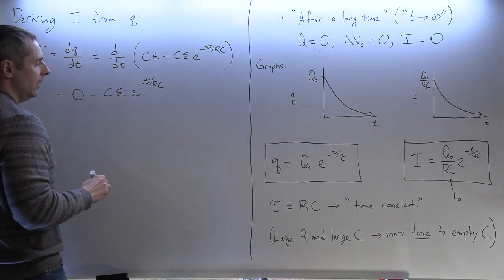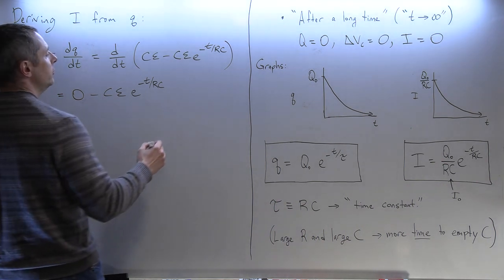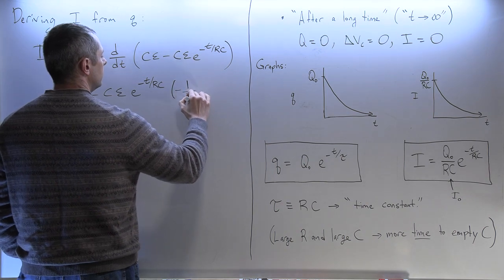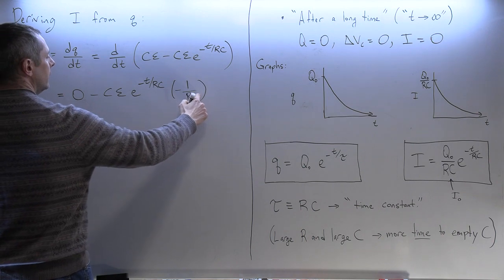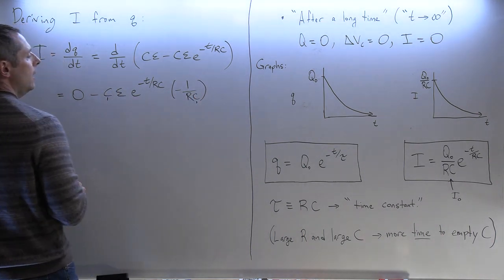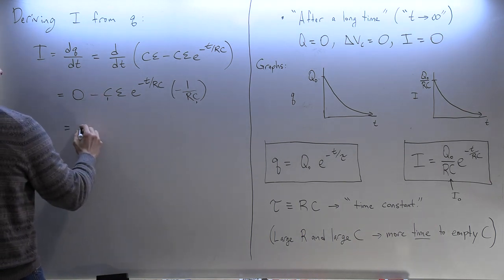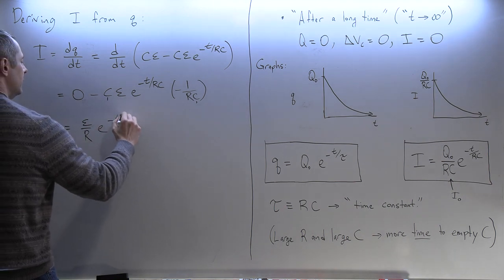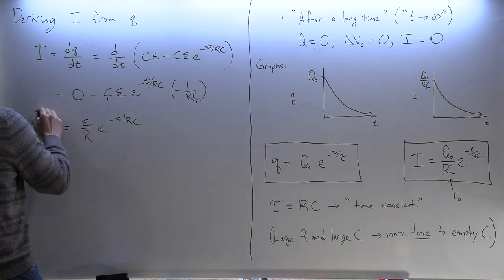So the derivative of negative t over RC with respect to time is just negative 1 over RC. And what happens is this capacitance cancels right here. The negative sign cancels. And what do we get for the current? V over R e to the minus t over RC. Hey, that's the other equation.